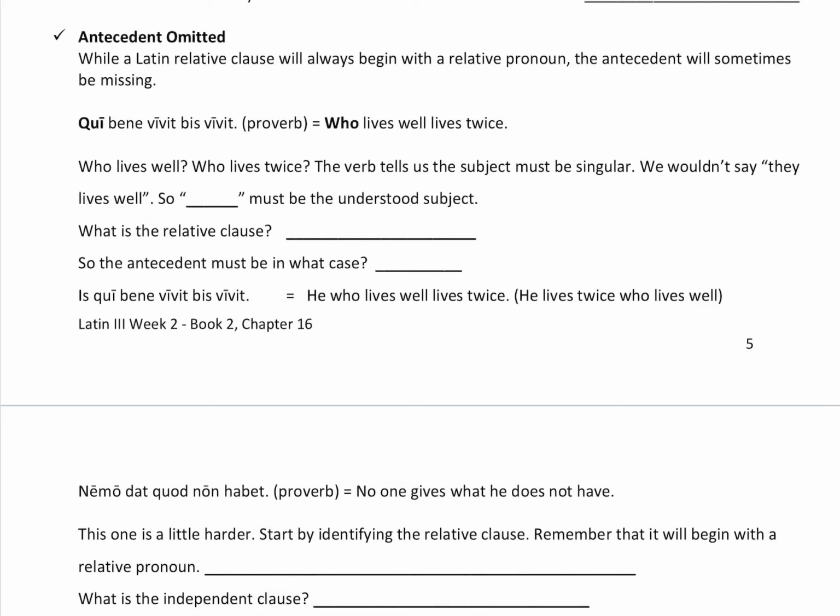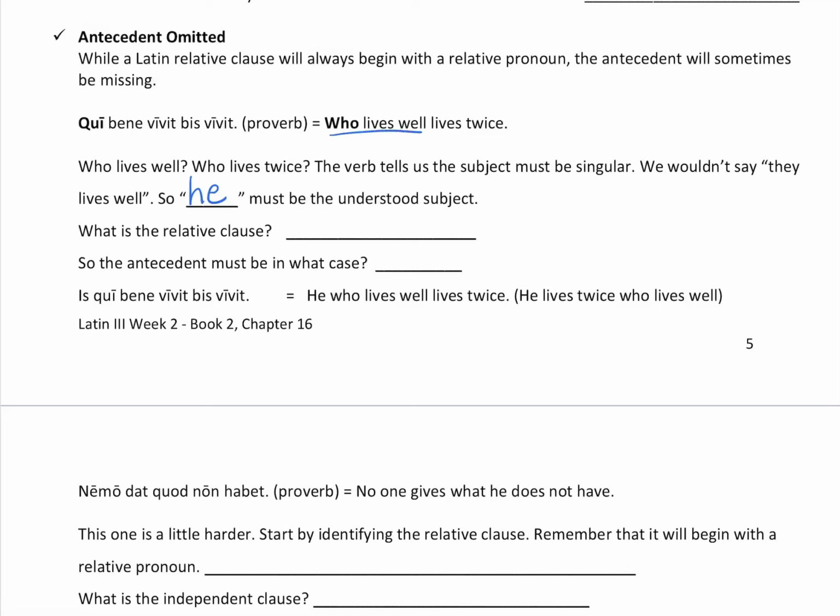So the verb tells us that the subject is singular. Now, we wouldn't say "they lives well," right? So "he" must be the intended subject. It must be singular. So what is the relative clause here? He who lives well lives twice. Okay, so the relative clause starts with who: who lives well.